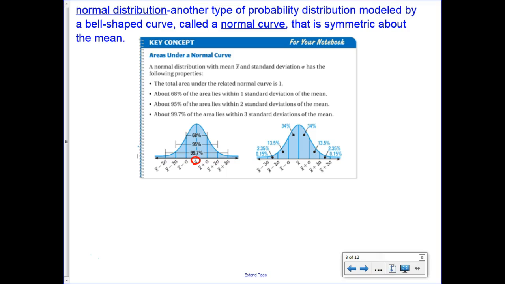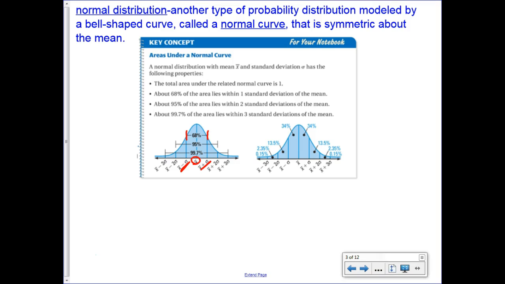So if you add up all of those percentages, it will get you to 100% or 1. 68% lies within 1 standard deviation of the mean. So that means we add 1 standard deviation and we subtract 1 standard deviation. You can see that 68% lies in there.